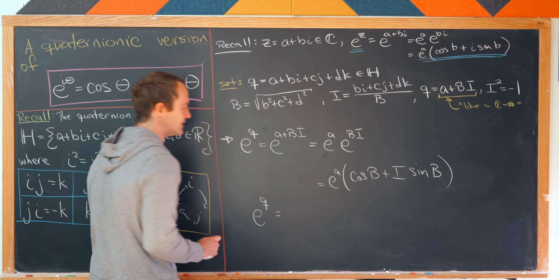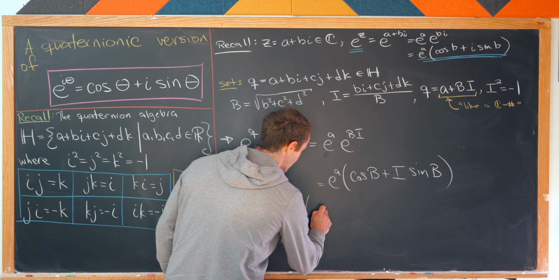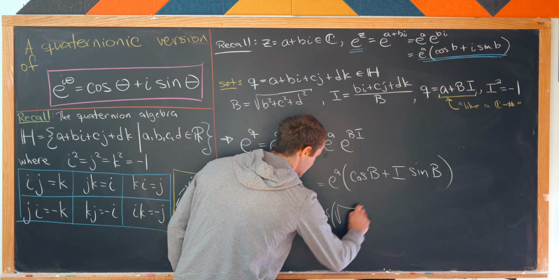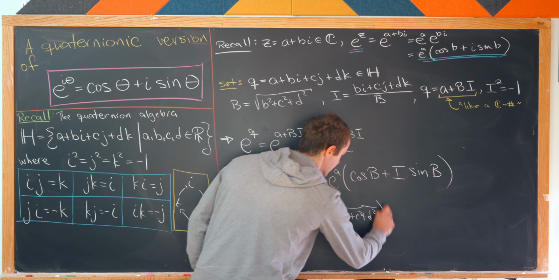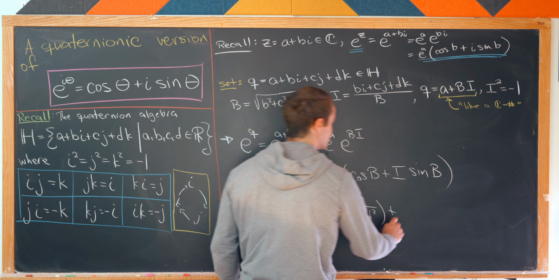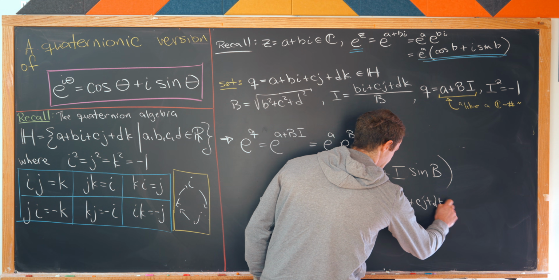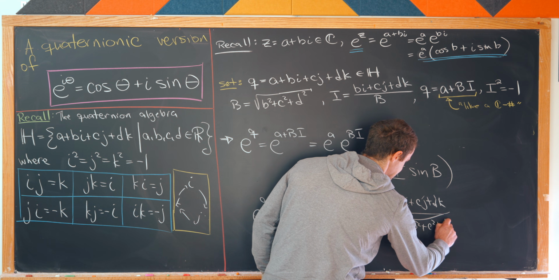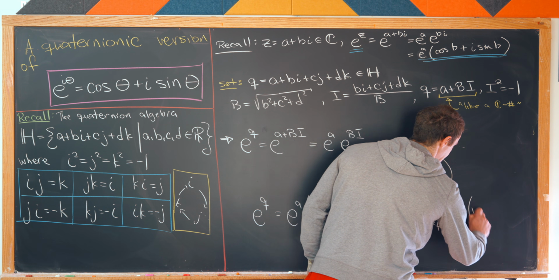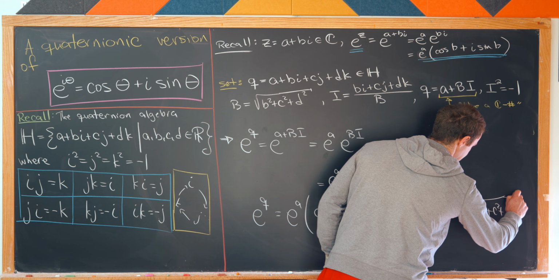So e to the q will be e to the a, and then the cosine of the square root of b squared plus c squared plus d squared, plus bi plus cj plus dk over that square root of b squared plus c squared plus d squared, and then the sine of that square root of b squared plus c squared plus d squared.